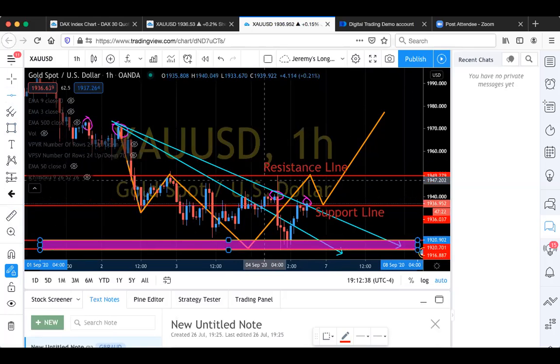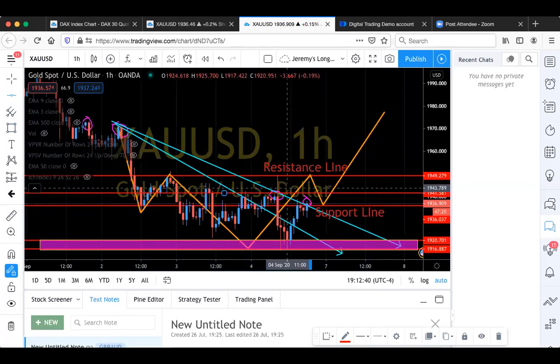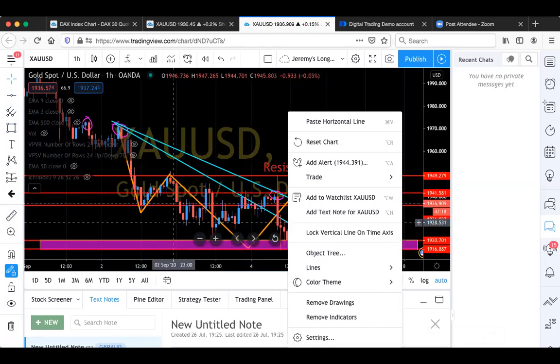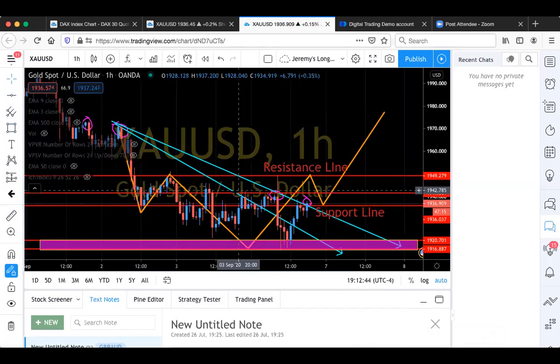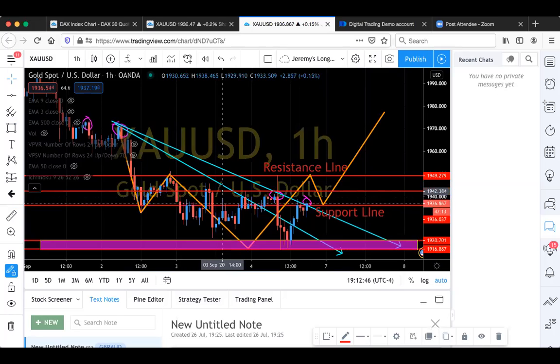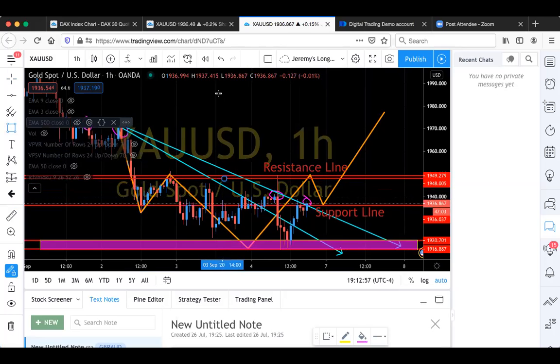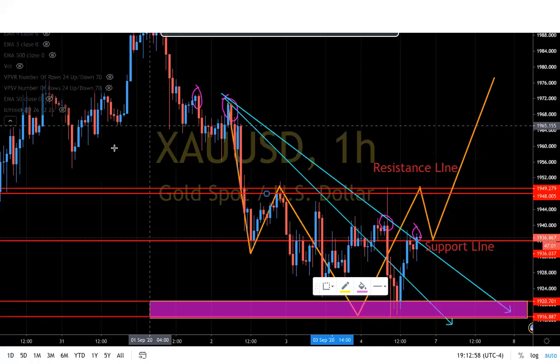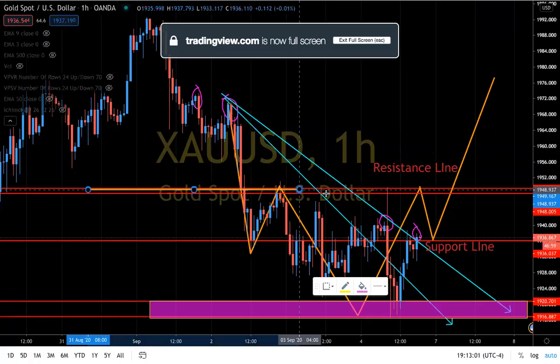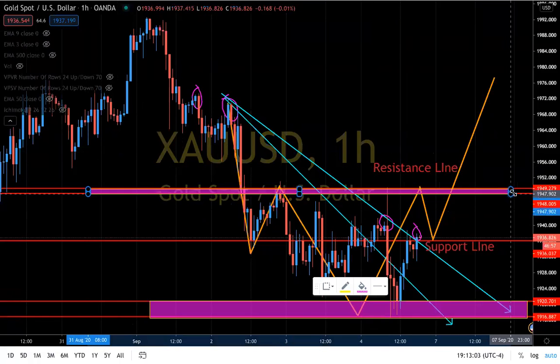So what you want to do is find the nearest body candle. Look left and try to find the nearest body candle. The nearest body candle will probably be right there from that high. And then you want to put it in consolidation lows.